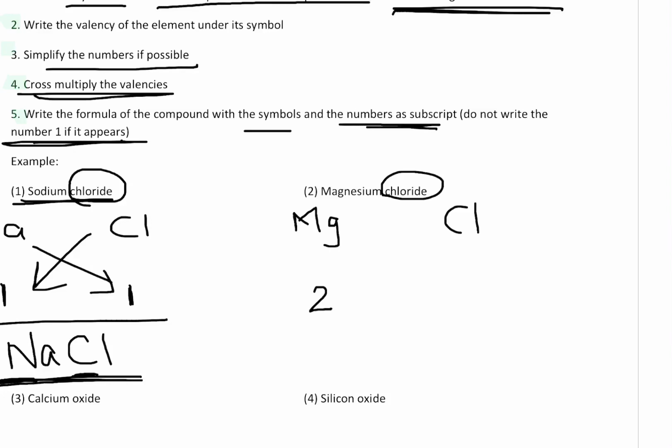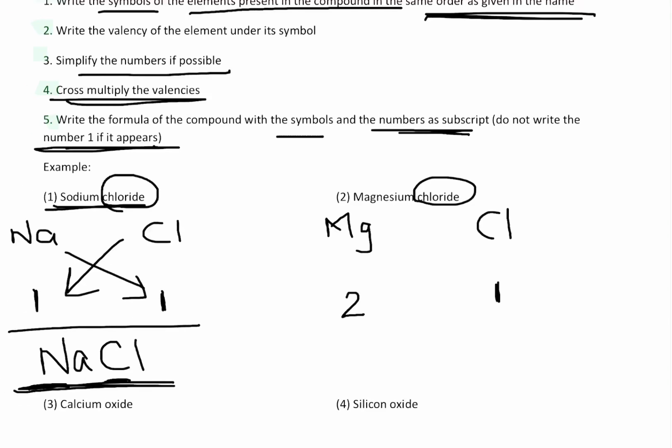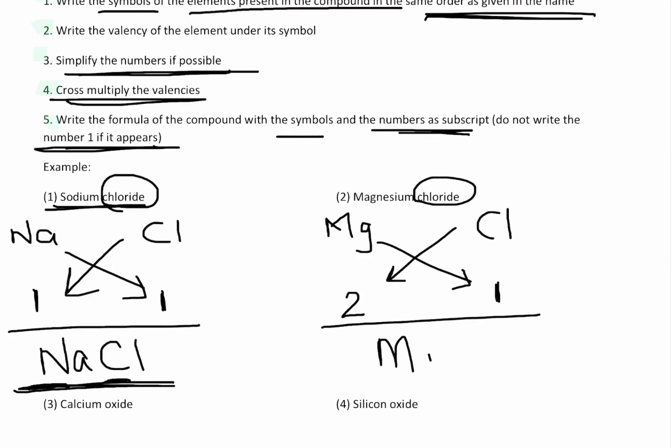Chlorine, group 7, so it will have 8 minus 7 as valency. I'll try to simplify the numbers, but it's not possible. So then I cross multiply. Mg has now 1. I'm not going to write 1. Cl has now 2. I will write the 2 as subscript.